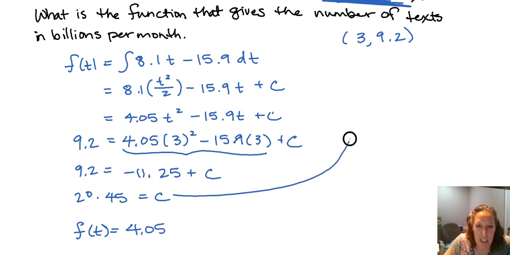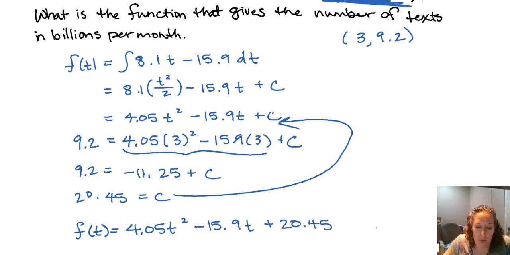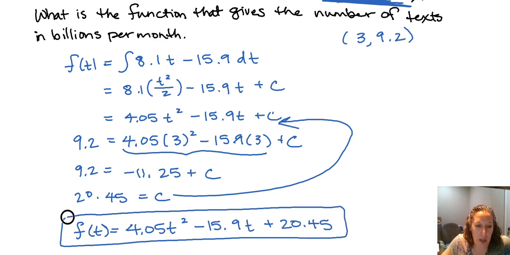We're just going to plug that c value into our answer. 4.05 t squared minus 15.9 t plus 20.45. And that will be the function that gives us the number of billions of texts sent t years after 2000.